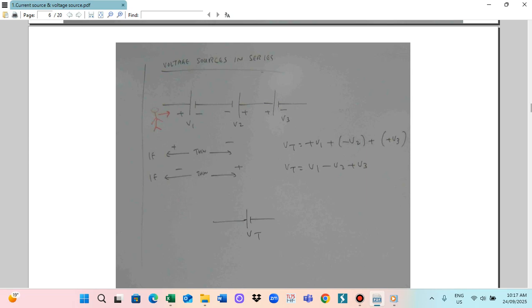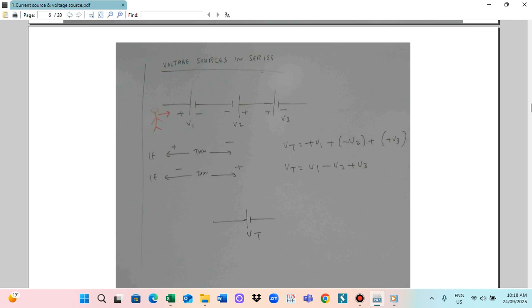You can take any direction: if you take this direction as positive, this one will be negative; if this direction is negative, this one will be positive. If V1 is positive in this direction, you have to find the total voltage VT.